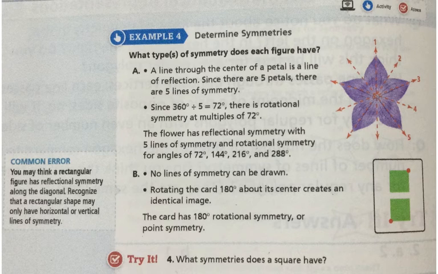Then if I add 72 again, that's 144. If I add 72 again, 216. Add 72 again, 288. If you add 72 again, it's 360, which we don't count, because that's all the way around. Alright? So we basically have to add up everything to 360. Okay, that's easy stuff right there.